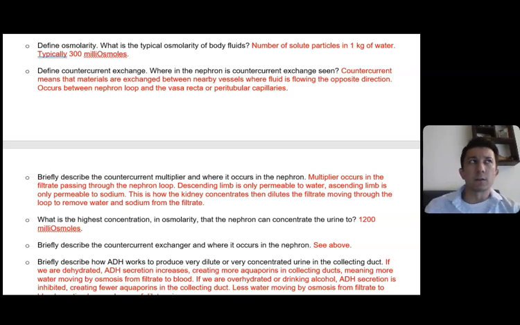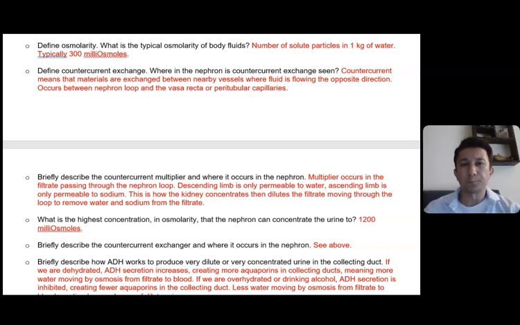Osmolarity is really just our measurement of how many solute particles are in a certain volume of water. More specifically, it is defined as the number of solute particles in a single kilogram of water. It's not really important to get an appreciation for the number here, but just know that the higher the osmolarity, the higher the number of solute particles in that particular body fluid. So typical osmolarity of body fluids, both intracellular and extracellular, is about 300 milliosmoles.